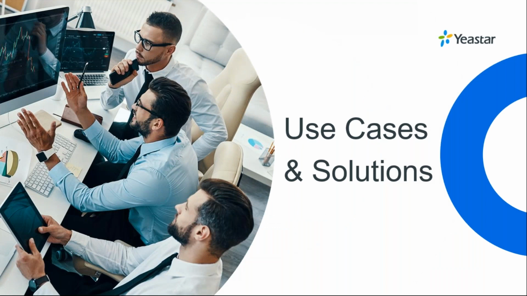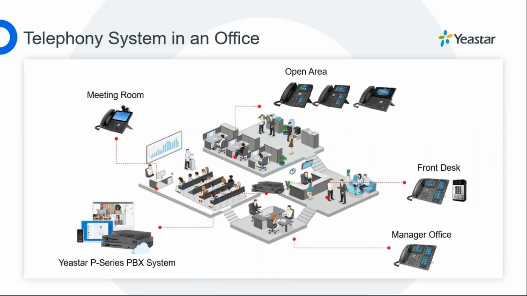And as for use cases and solutions, I'm pretty sure this is not a big deal on our P-Series PBX. For example, have a look. A telephony system in an office, this is the way we make it work. Usually we deploy our P-Series PBX, on-premise solution, software-based solution, or a cloud solution, whatever it is, in our office.